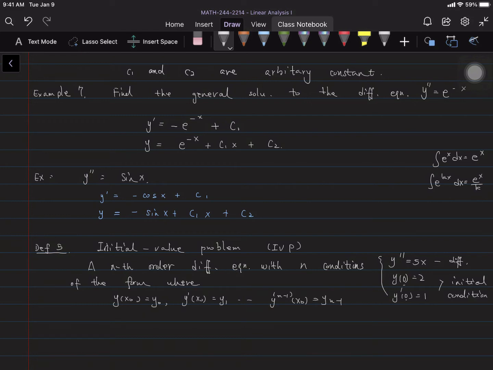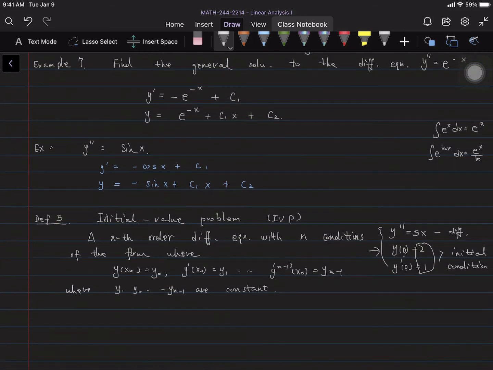So you don't need to memorize this. You can just look at this example, the right side. Where y0, y1, up to y n minus 1, they are all constants. It's like the right side. Okay, and this is called an initial value problem.